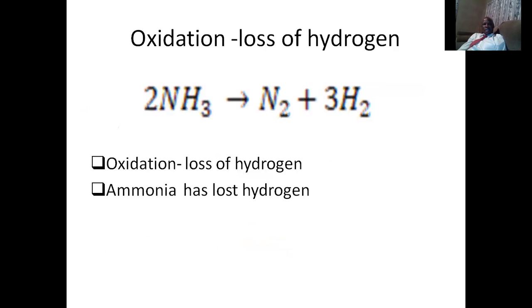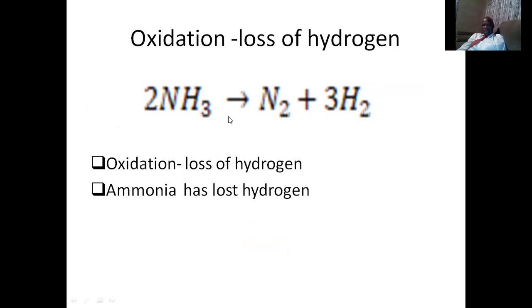And so, in terms of hydrogen, oxidation is the loss of hydrogen by a substance. So if a substance has hydrogen in it and it loses the hydrogen, we say that is oxidation. For example, here we have ammonia.